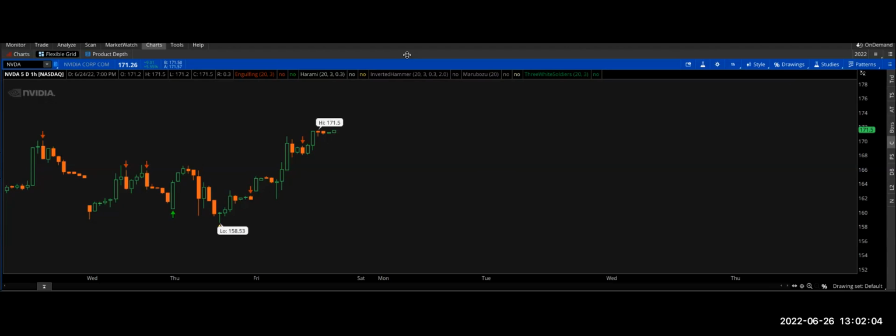So today's coaching call, I just want to go over some support and resistance because I got a few emails. Members, more so new members, are having issues trying to map out volatility and mapping out support and resistance, where to get into a position, where to get out of a position when it comes to options.